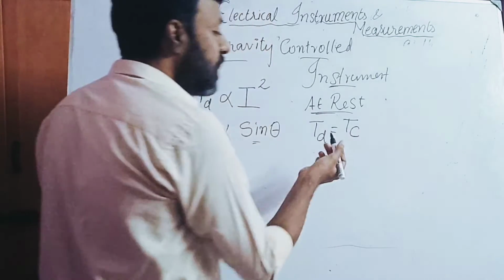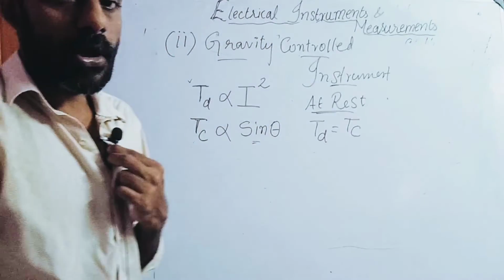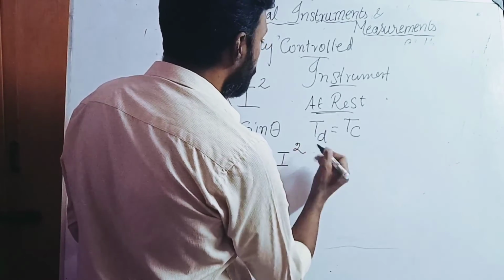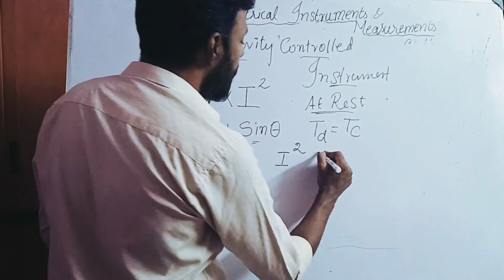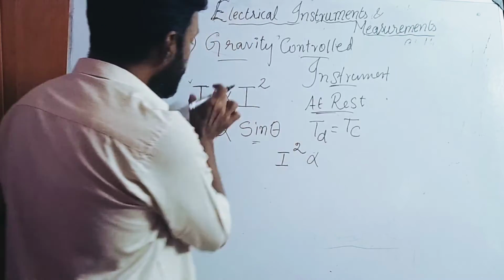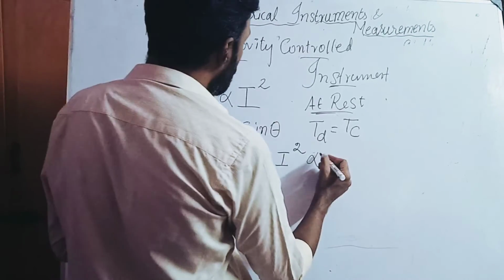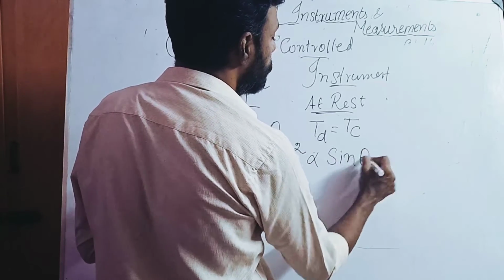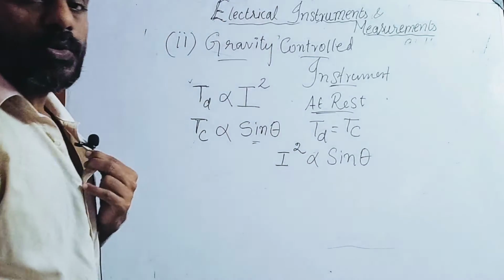That is, the deflecting torque will be equal to the controlling torque. So I squared is directly proportional to sine theta.